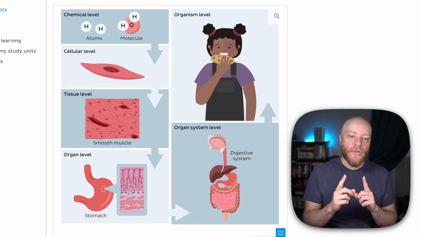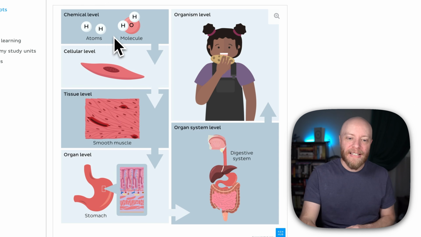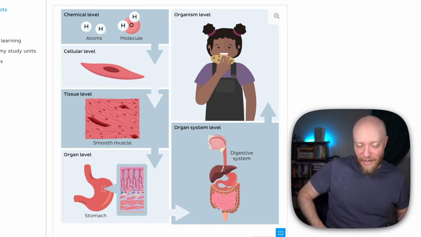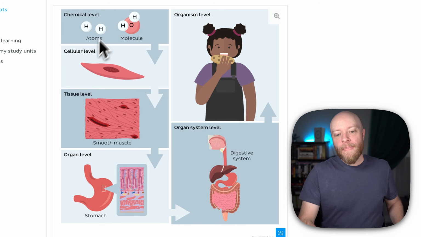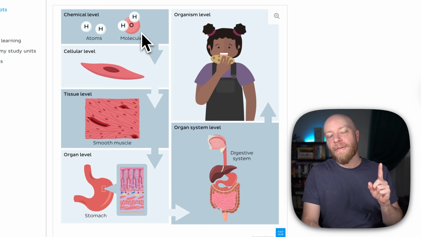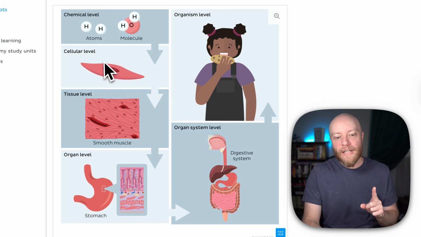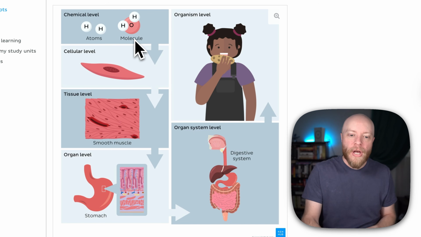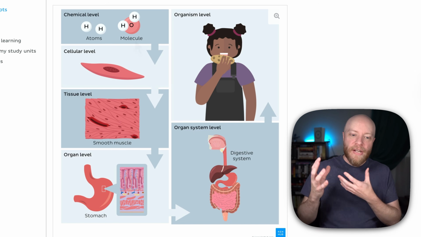The question is, okay, well, how do we get to this cellular level? And I'm doing a dramatic oversimplification, almost criminal. But you could think of it as basically that a cell is just a whole bunch of molecules put together. That's really what it is, right? You put a bunch of molecules together, then you can get a cell.